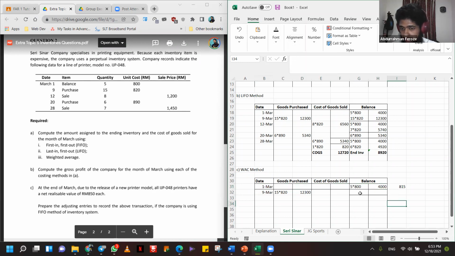So the ending inventory at 9th March is 20 into 815, which would be 16,300. Yes, which should be 16,300, right?